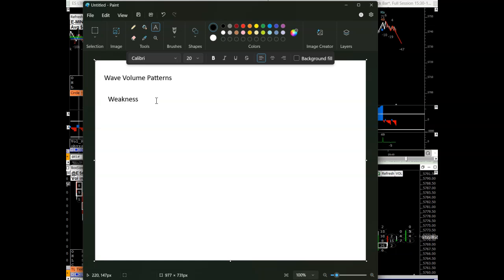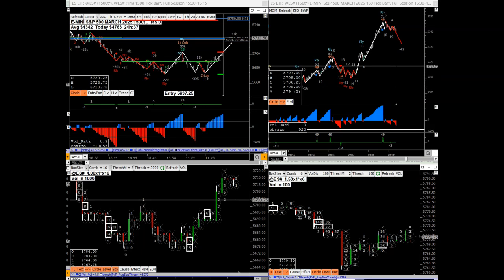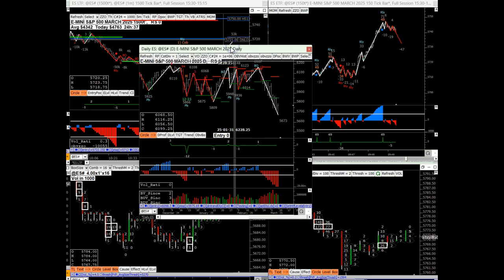You see it all the time. I can show you chart after chart where I'll give you just an example. I'll show you on the daily. See if you can see this, right? This is the low.